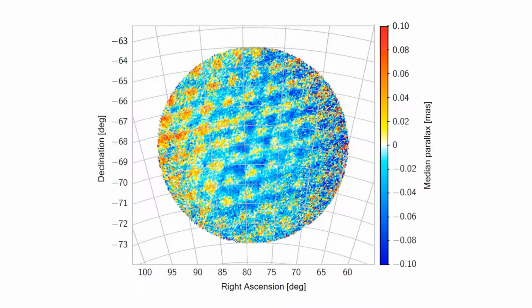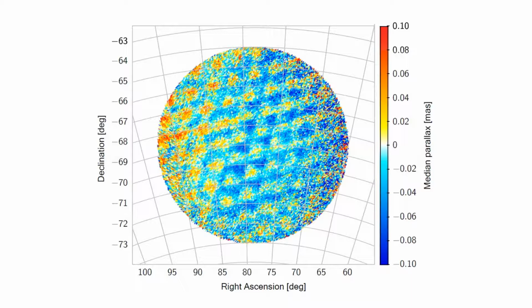This means that on the scale of the order of a degree or less, we have systematic errors in the parallax measurements, correlated errors of the order of, again, 20, 30 microarcseconds. This is shown here in the Large Magellanic Cloud area because there you can easily show it. But this pattern is present on the whole sky.